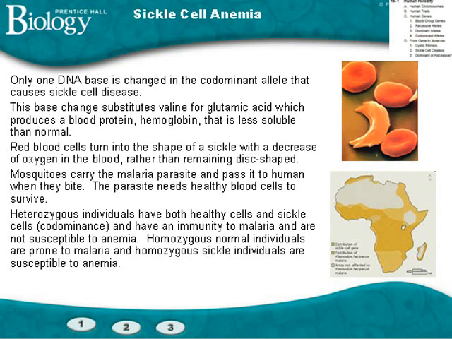What ends up happening is people who have both the healthy allele and the sickle cell allele have some healthy blood cells and then some sickled blood cells, so they have the ability to have their blood cells sickle. When they're bitten by a mosquito with malaria, their blood cells die or they sickle, and as a result, the malaria parasite can't really live in their blood.